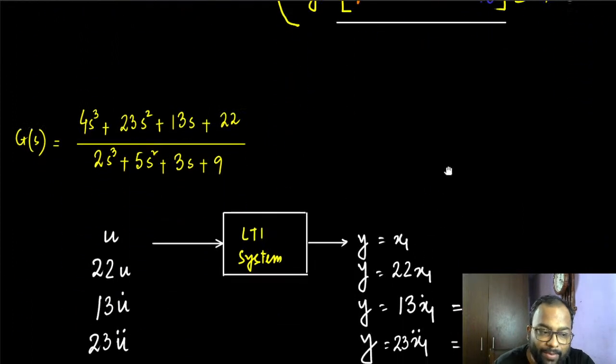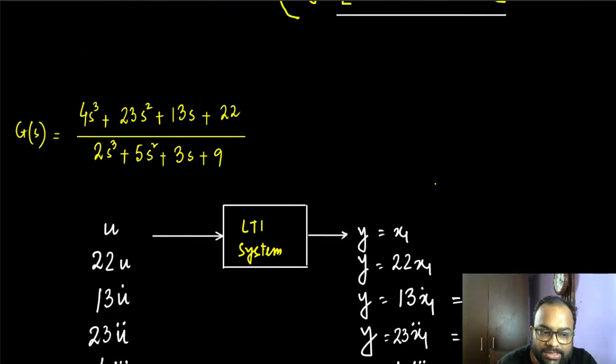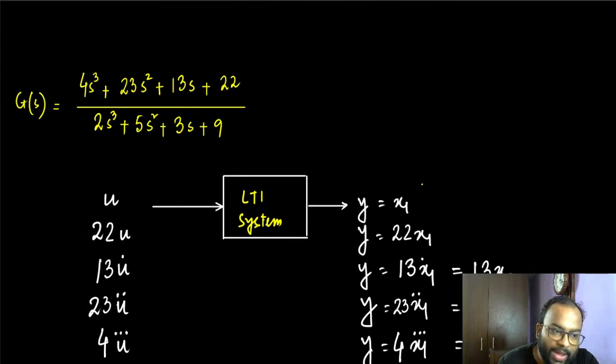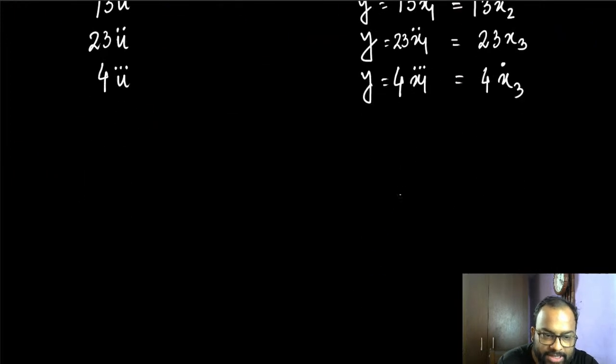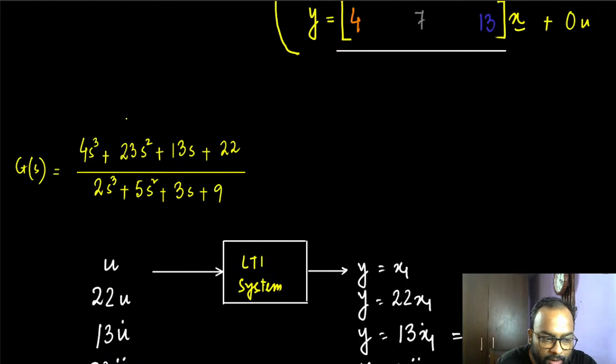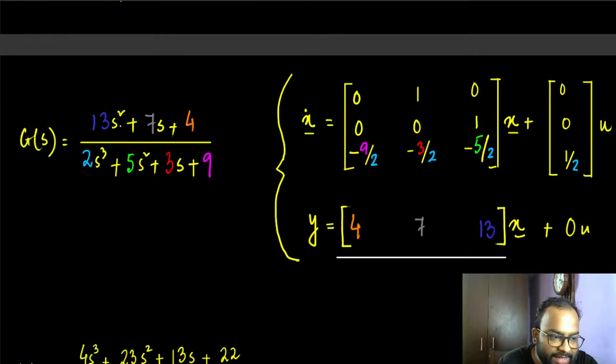And if that is exactly what happens, then we have to notice something important. This happened because the order of the numerator was equal to the order of the denominator, right? The order of the denominator is 3 and the order of the numerator is also 3. Look at all the previous examples.